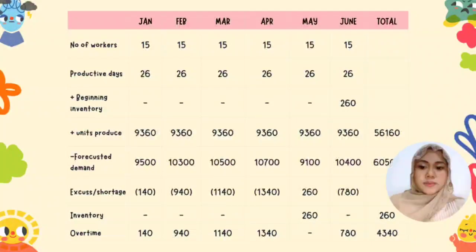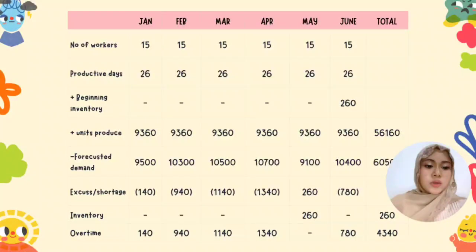It does not have beginning inventory. The units produced are 9,360. Forecast demand is 9,500. We subtract 9,360 from the forecast demand, and we get 140. That 140 we need to put in overtime because it is a shortage. We apply the same calculation to all months from February until June.